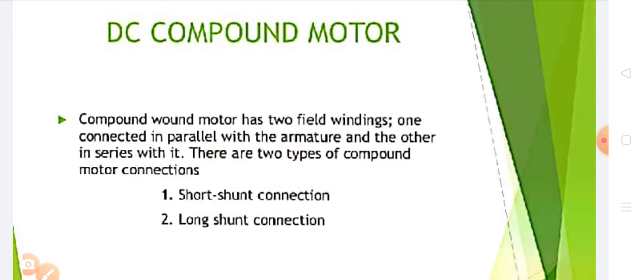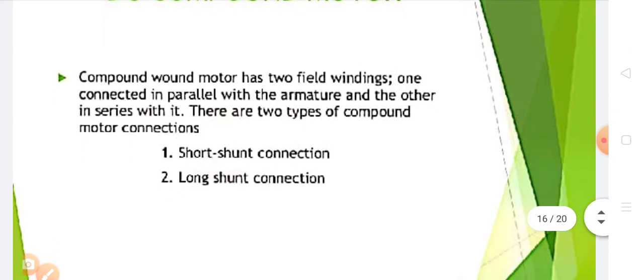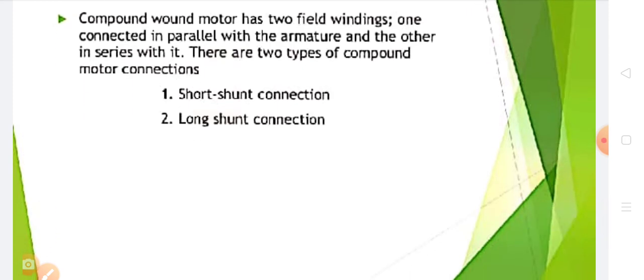Next one is the compound motor. In the compound motor you have both the parallel winding and the series winding. One field winding is connected across the combination of the armature and the series field winding. So there is a possibility of series connection and shunt connection in the compound motor, and based upon the connection you have two types: the short shunt and the long shunt.